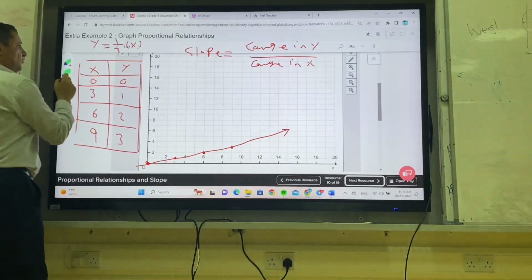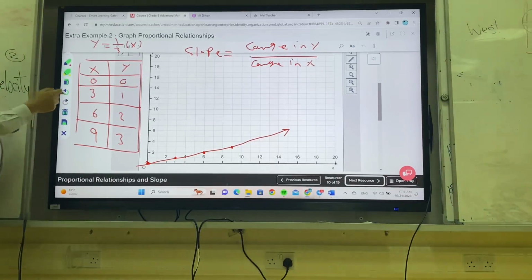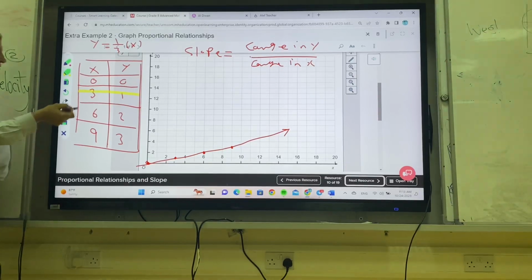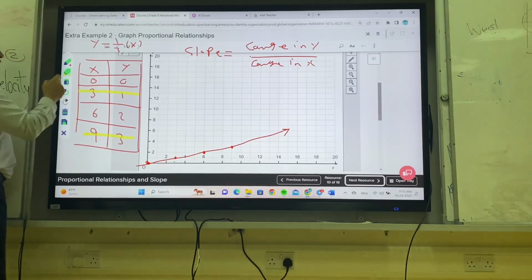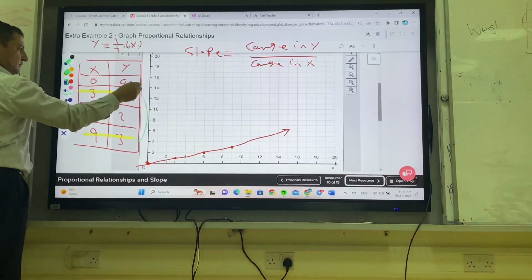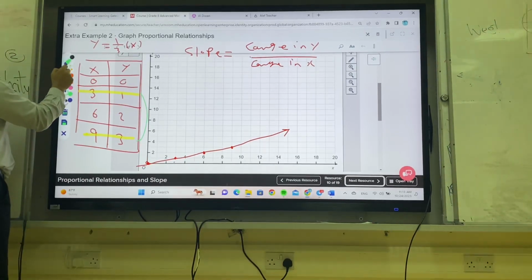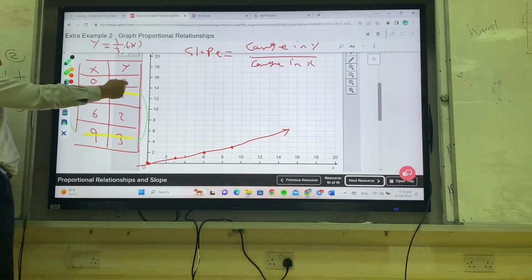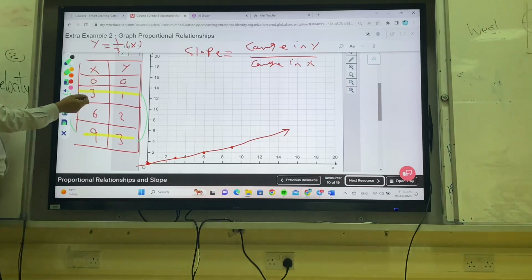Just highlight two points, your choice. (3, 1) is this point, and any other point, (9, 3). What I'm going to do is subtract the y's and divide by the difference between the x's. So it's 3 minus 1 over 9 minus 3.